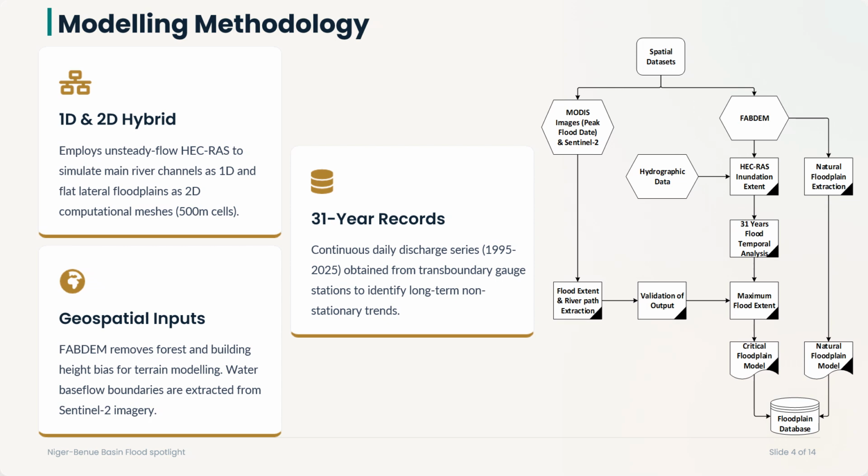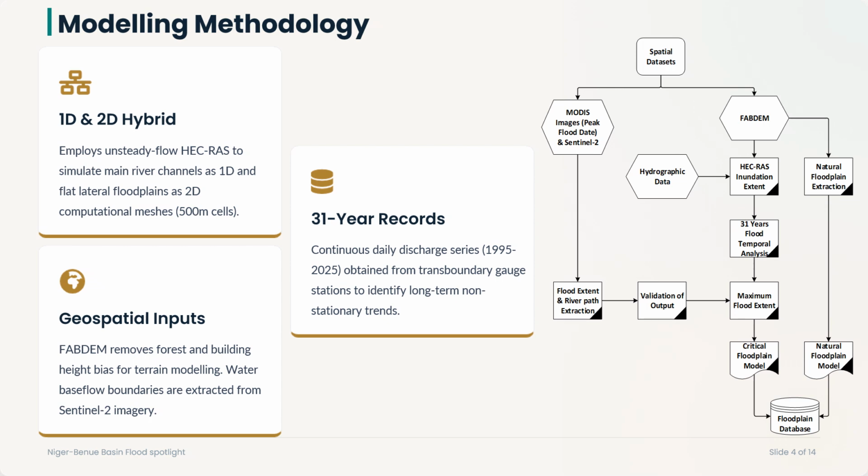Two other satellite images were used, such as the MODIS data. This was used in conjunction with the 31 years inundation annual peak flow data generated from HEC-RAS to validate the model.